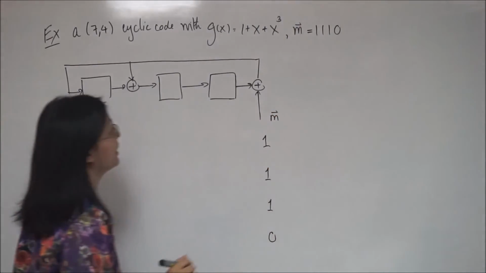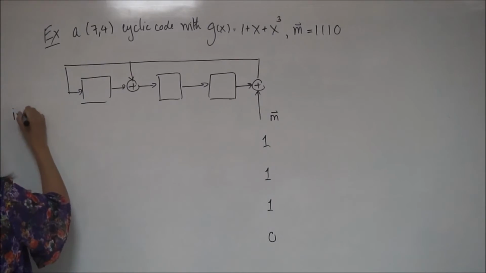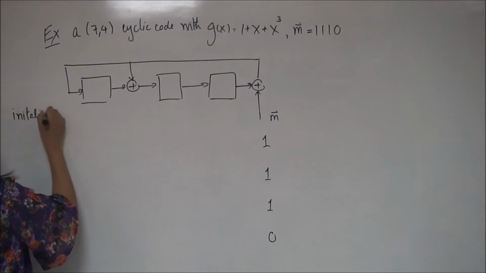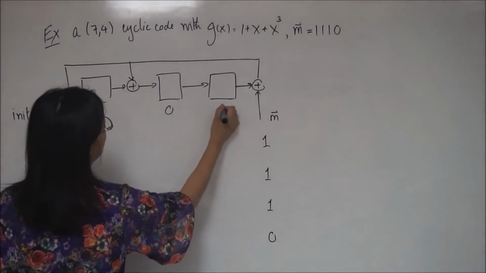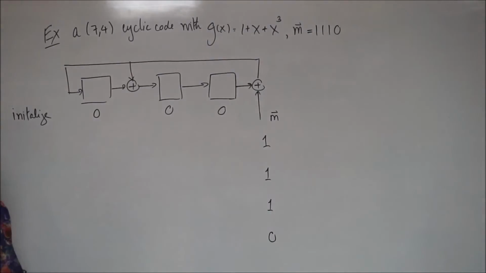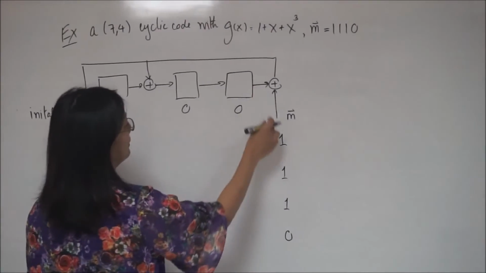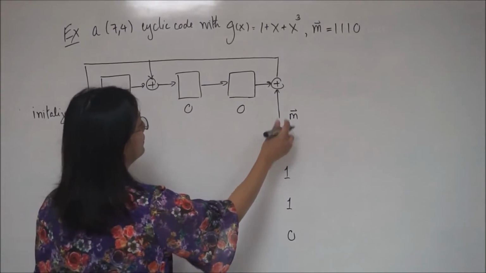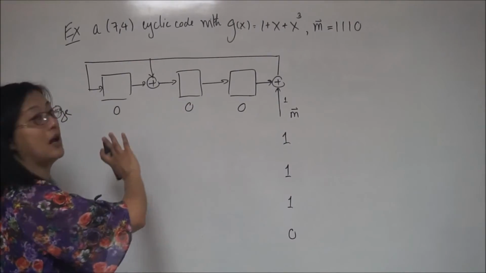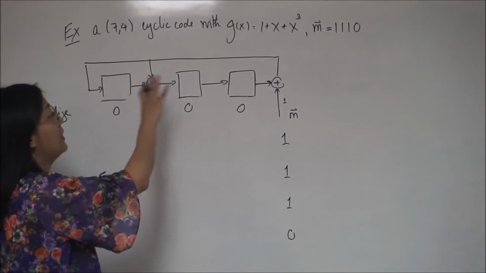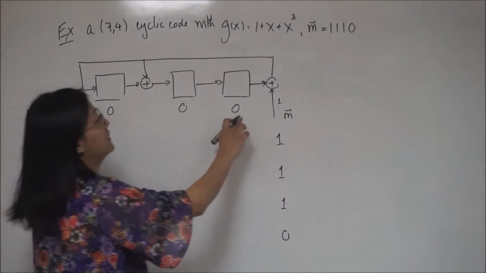After you get the check bits from the shift register circuit like this, notice that this one is from the x to the 0, so this is the least significant bit from the circuit. From this side, this one is the most significant bit from the circuit. Now, to get the code word, this one must be the most significant bit, and this one is the least significant bit.